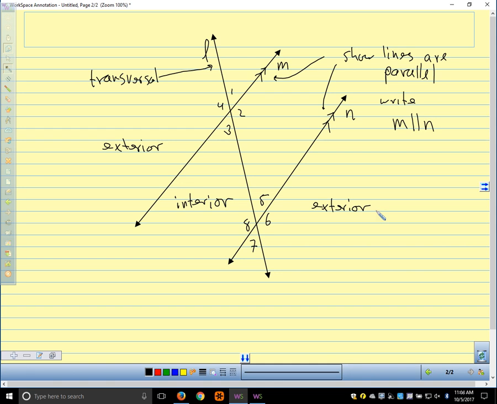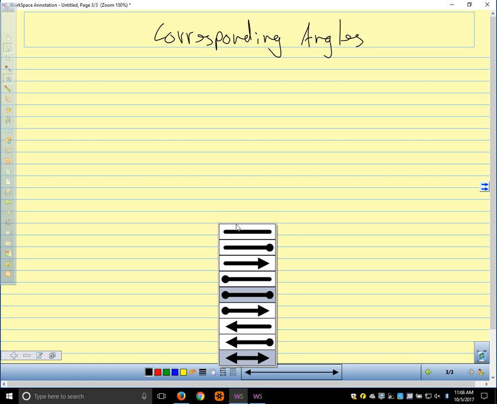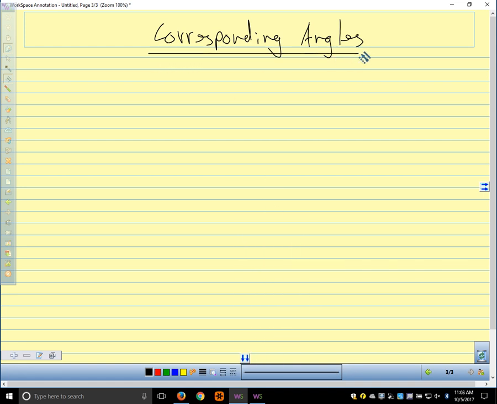All right, let's start with the top box there in the middle. It says corresponding angles. What I'm going to do for each of these angle pairs is list the angles by the numbers that are corresponding. So we'll do that for each box.